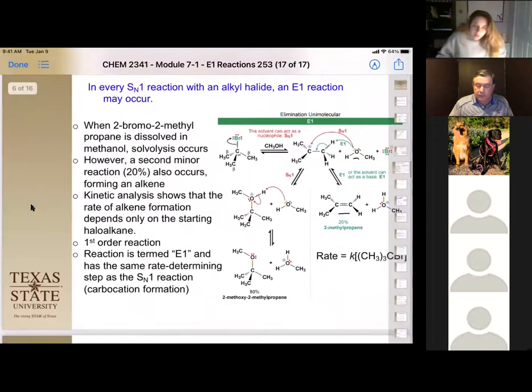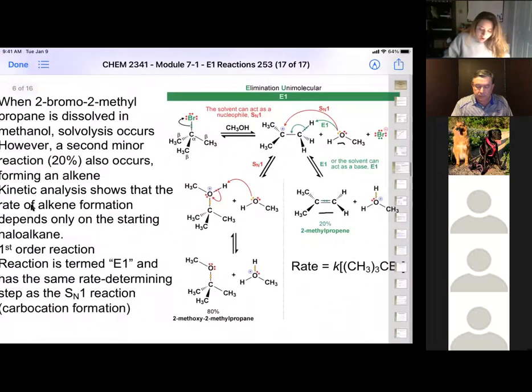Okay. So in the case of our system, what we're going to do is we're going to use a polar protic solvent to make our carbocation. And that's the first thing that's going to happen. We're going to make our carbocation here. Okay. Now, 2 things can happen.